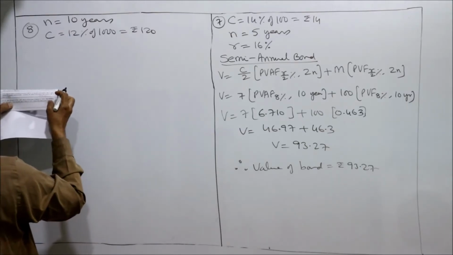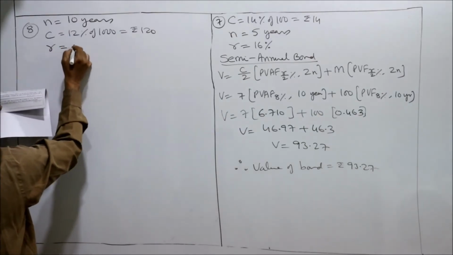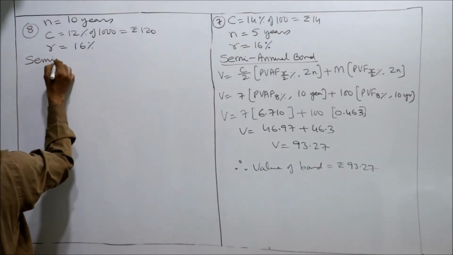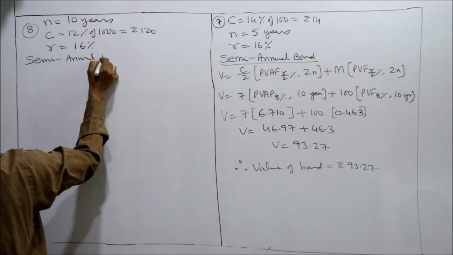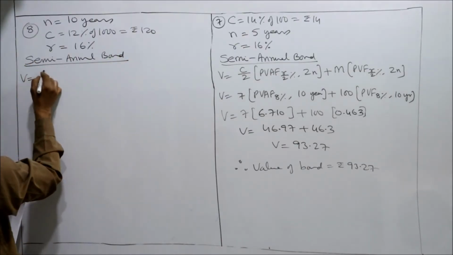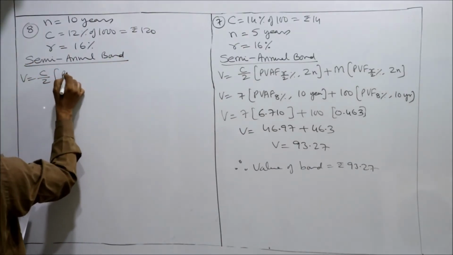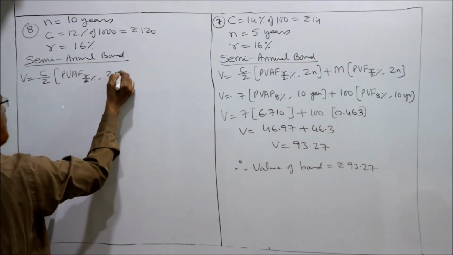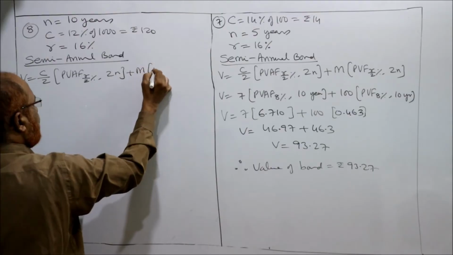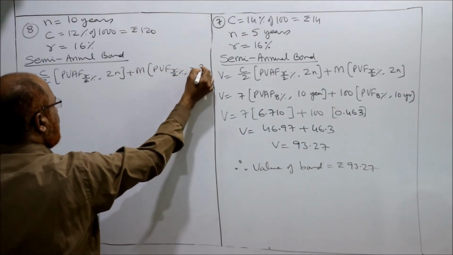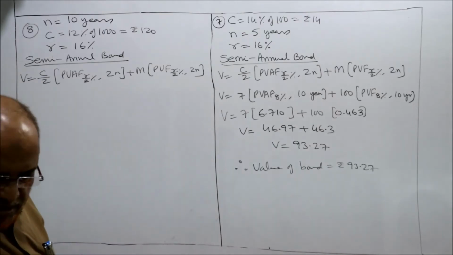The interest is paid semi-annually. The required rate of return is 16%. Semi-annual bond. Same procedure, exactly same.